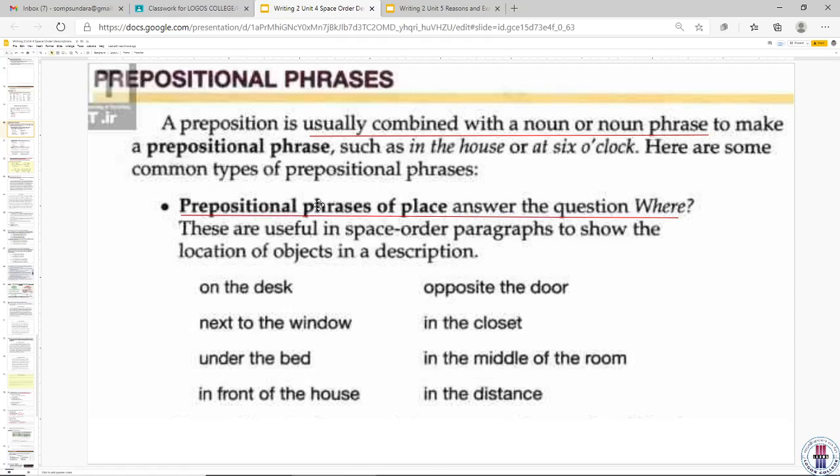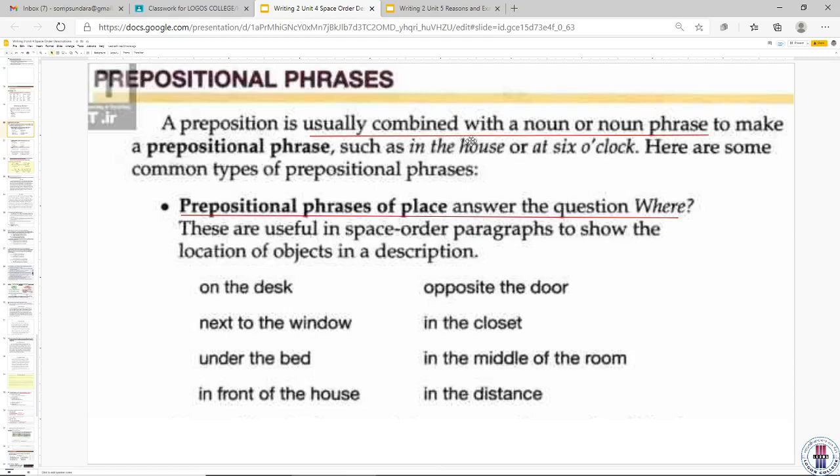Let's look on page 127, and it talks about phrases. All right, so what is a phrase? A prepositional phrase is always combined with a noun or noun phrase to make a prepositional phrase, such as in the house. Okay, so your preposition is in, and your noun is the house, combined with the article the.